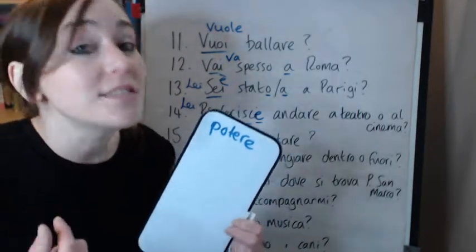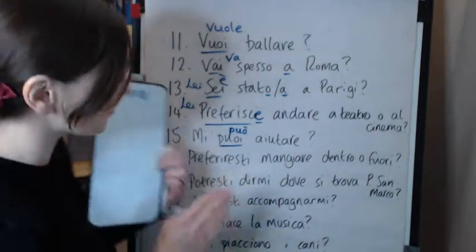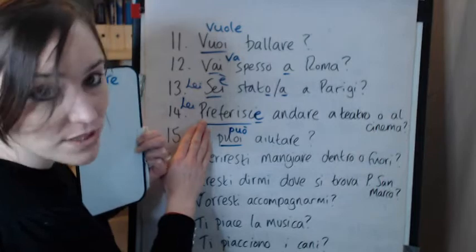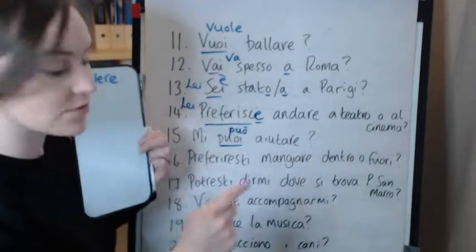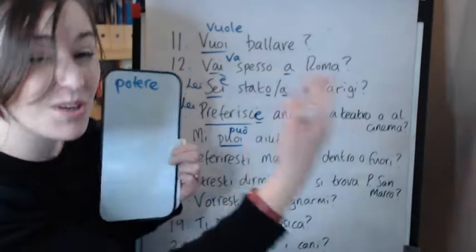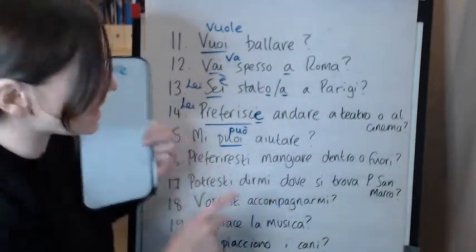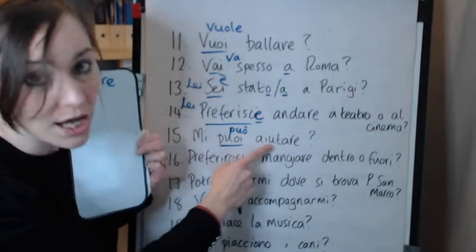Preferire, you can sometimes follow it by an infinitive verb. Can you help me? Puoi aiutarmi, and you can put mi at the end of aiutare. But here, I've done it slightly differently. Mi puoi aiutare. Changes to mi può aiutare.